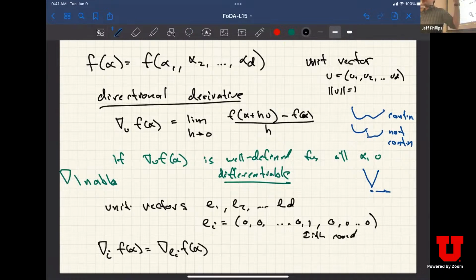I'm going to have d coordinates, and I want to isolate the ith one, and this is equal to the partial derivative with respect to the ith coordinate of alpha. With the partial derivative, if you remember, the alpha i variable is still a variable.